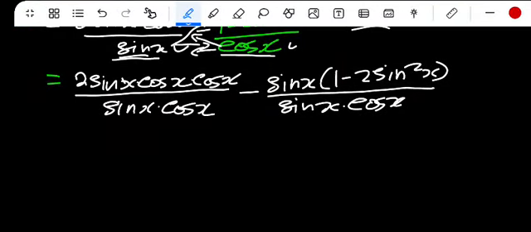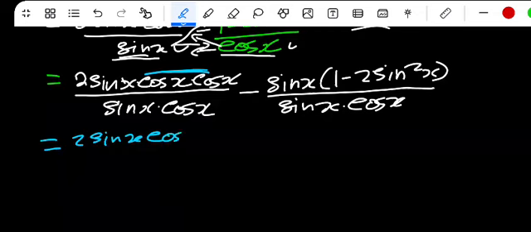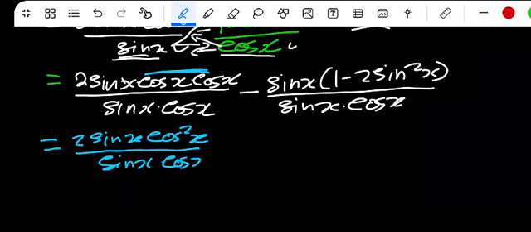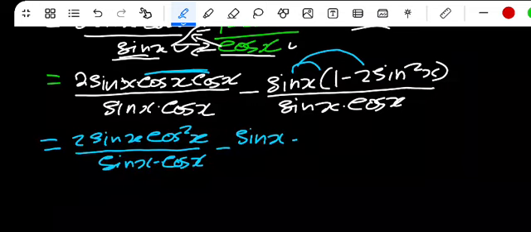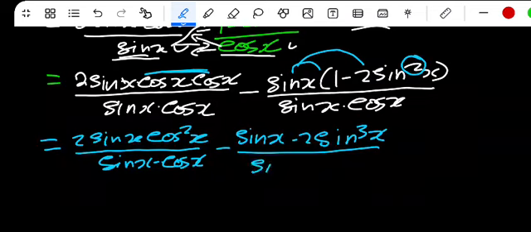So there we have 2 sine x, and these two when you multiply will give cos squared x, divided by sine x multiplied by cos x.